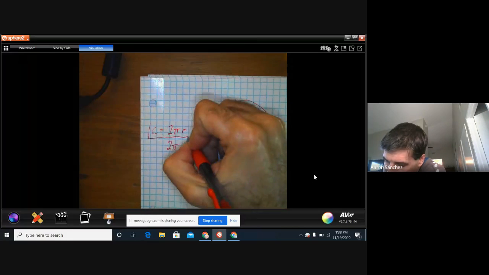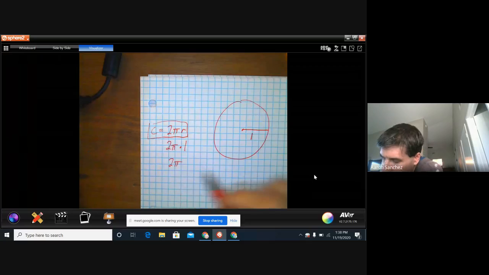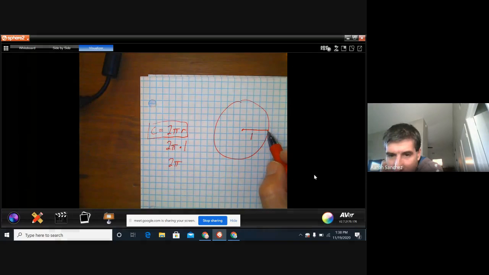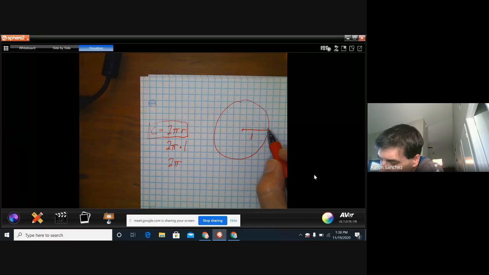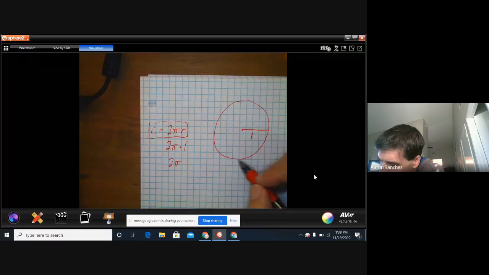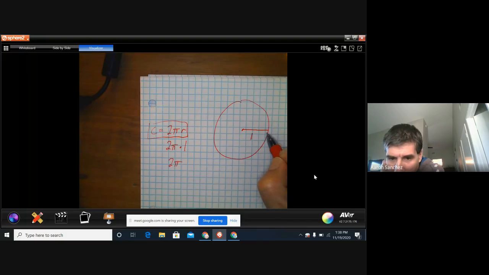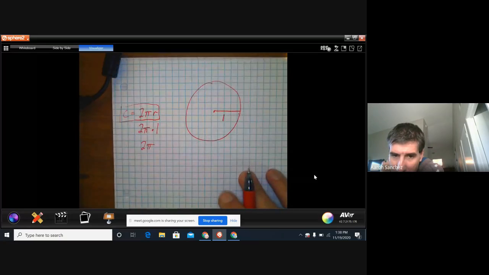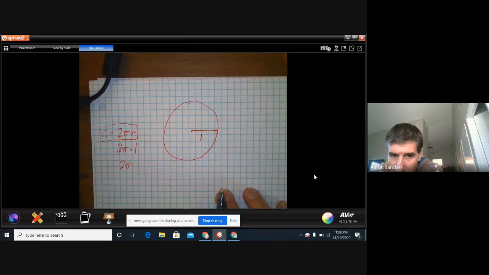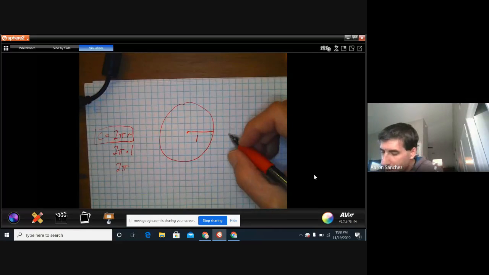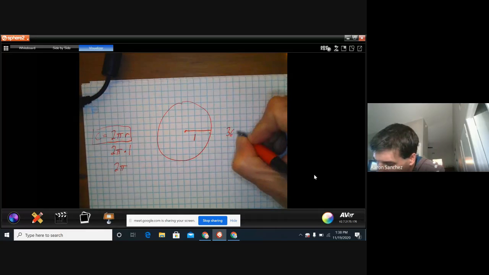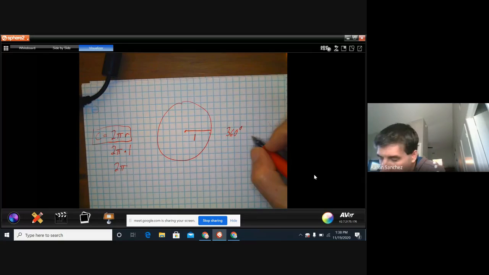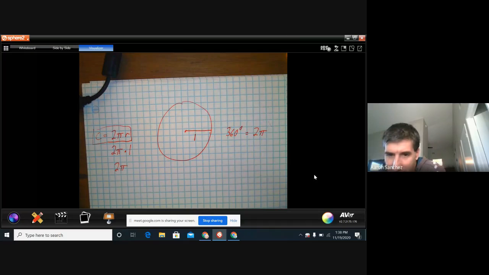So when you plug it in, if my radius is 1, all the way around the circle is 2 pi. And also all the way around the circle is 360 degrees. So 360 degrees is equal to 2 pi.